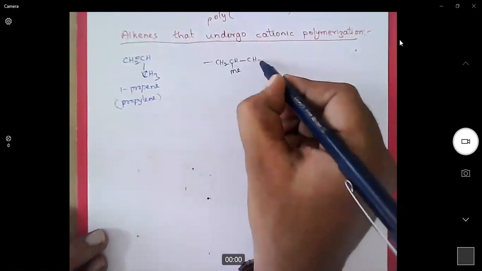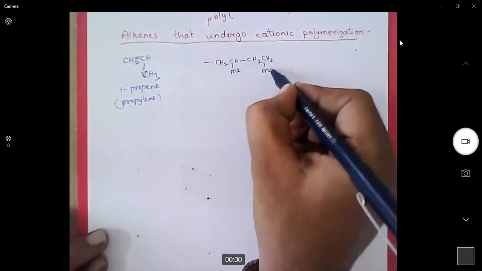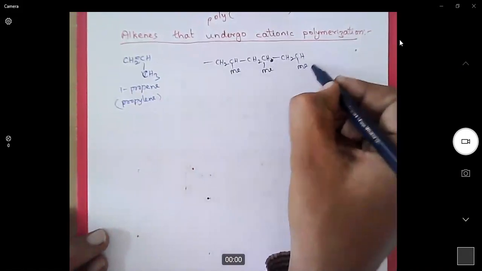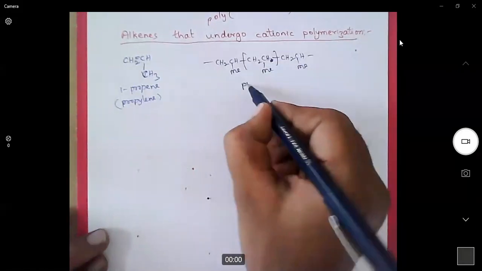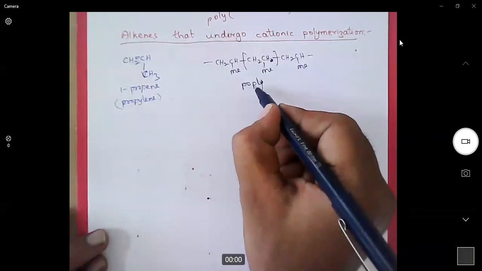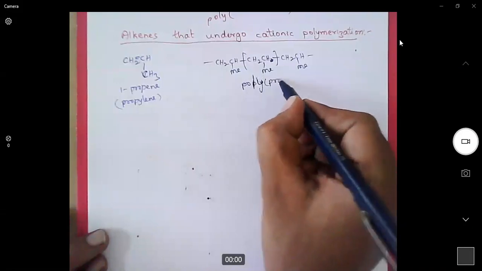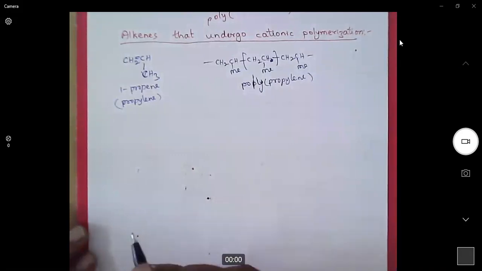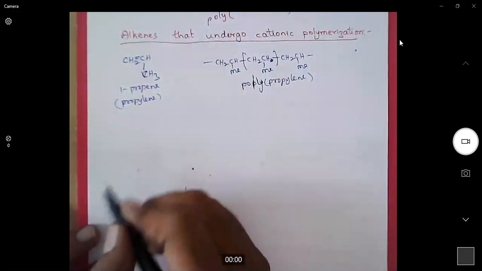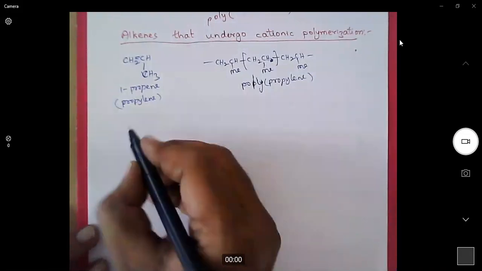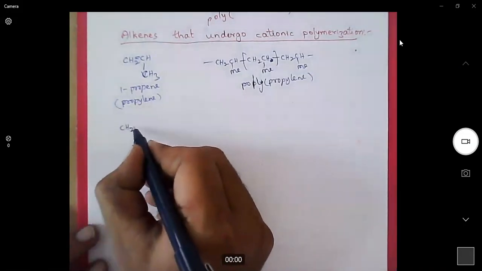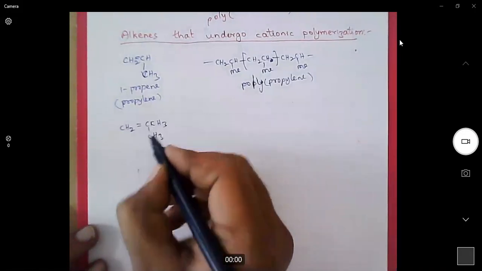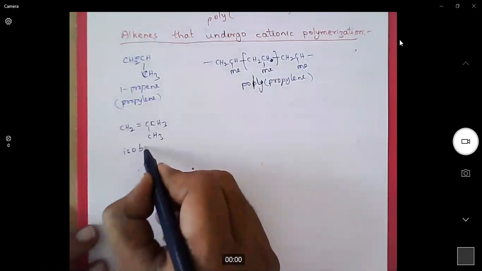When it undergoes polymerization, with the next monomer, and the next monomer, this is called polypropylene. Next, isobutene.